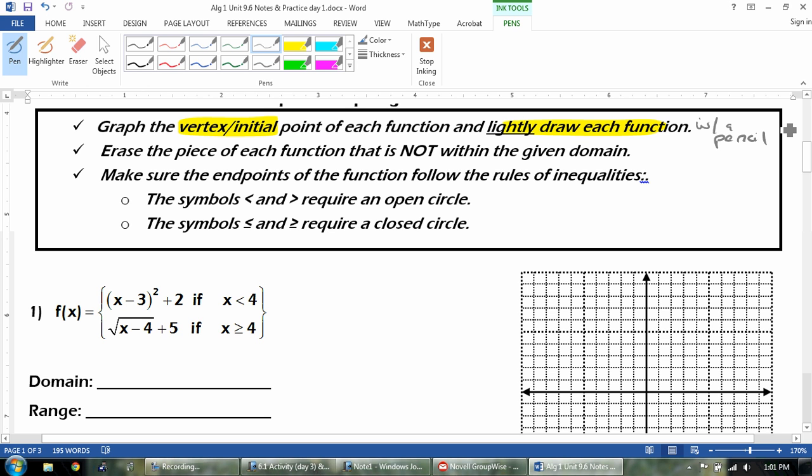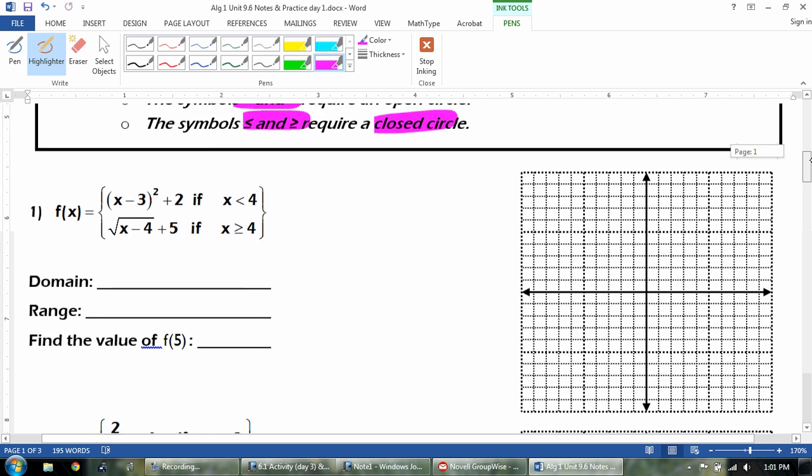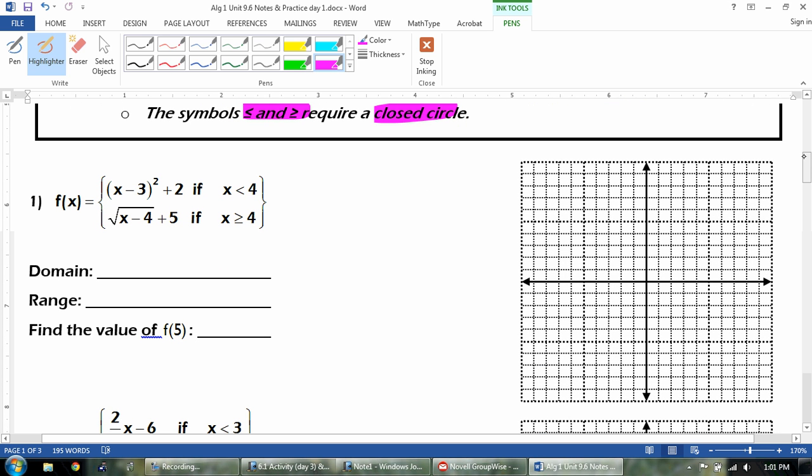Erase the piecewise function that is not in the given domain, and then make sure the endpoints of the functions follow the rules of inequalities, okay? And that's only with the endpoints. So here's our reminder of when it's open and when it's closed, okay? So let's go ahead and get started with this.